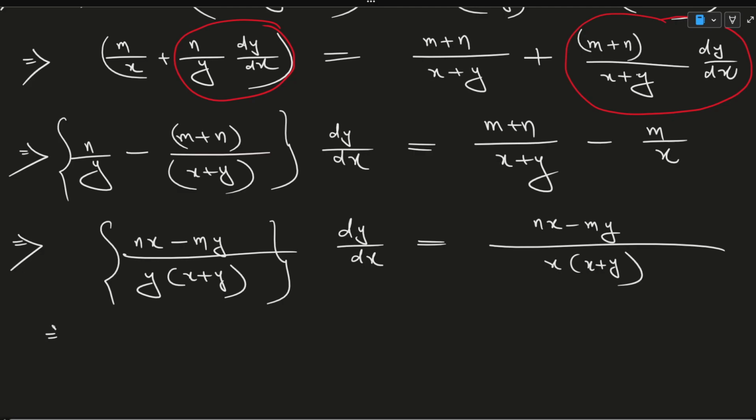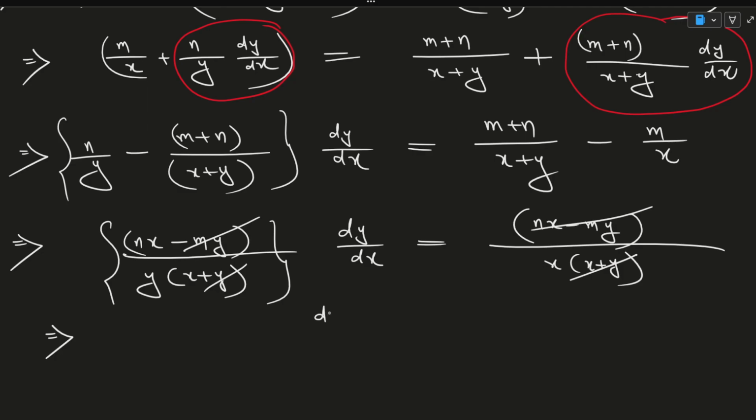Okay, so I can cancel out the x plus y and x plus y, and in the numerator also we can cancel out this one and this one. Then the rest of the thing, that is dy by dx, is equal to y by x.